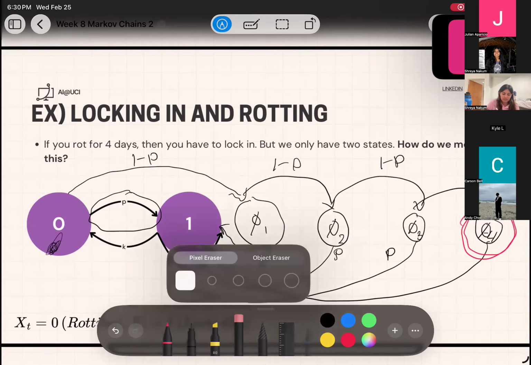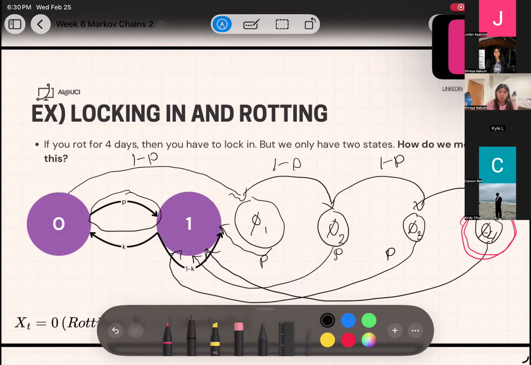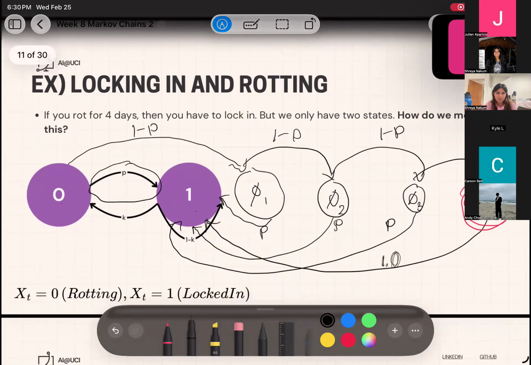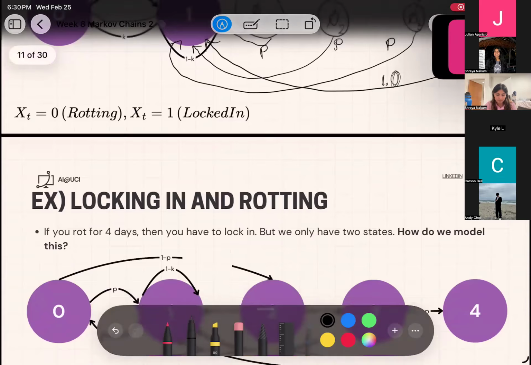We must be locked in. So what happens to this probability here? One. Exactly, it's 1. It'll be 1 because we have to lock in now. Now we're back here. And now we can do that same cycle again if you would like. Does that make sense to everyone? Yes. Okay, let's go on.